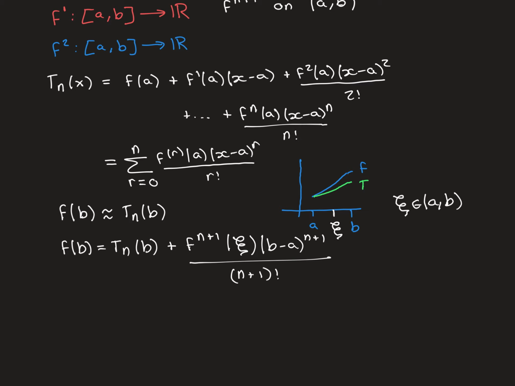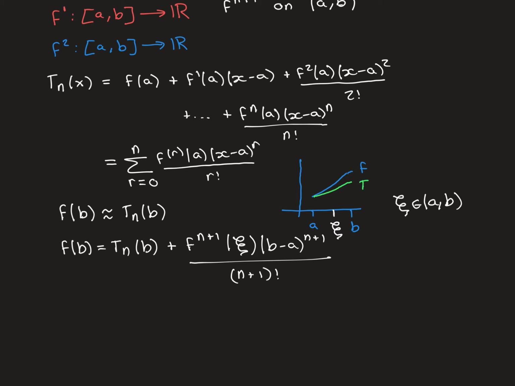What this theorem is saying is that there will exist some xi, some magic number inside this interval AB, such that if you ask what the n plus 1th derivative of the function is at that xi, and you plug it in here, multiply it by this difference between b and a, this length here, to the power of n plus 1, and then divide it by n plus 1 factorial, somehow magically that equals this error value. That there exists some xi for which this works inside that interval AB, that is what Taylor's theorem is.